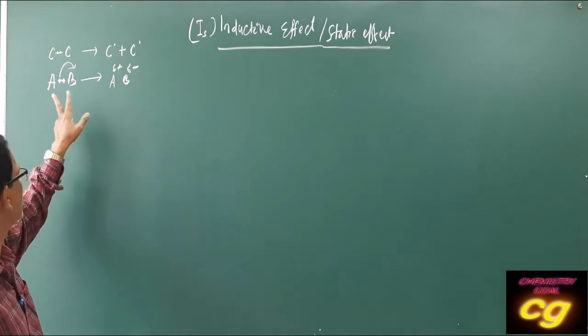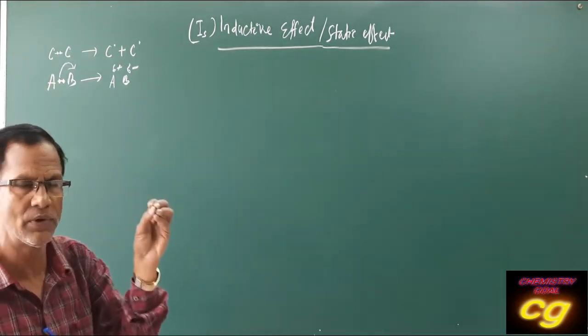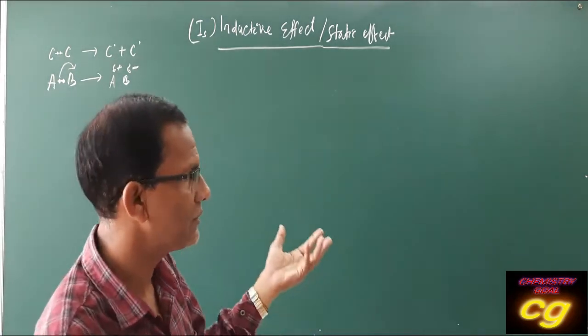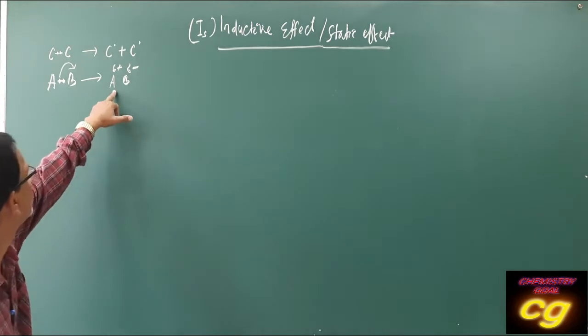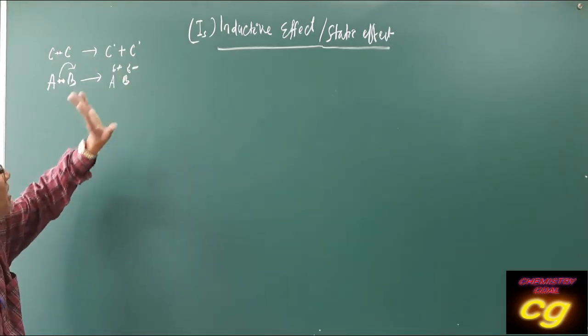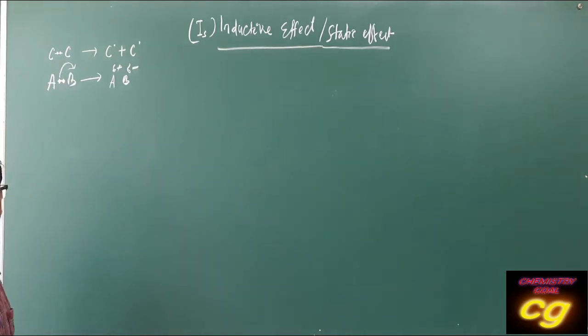That means the bonded electron will be shifted from the lower electronegative atom to the higher electronegative atom. The lower electronegativity atom gets a partial positive charge and the more electronegative atom gets a partial negative charge.